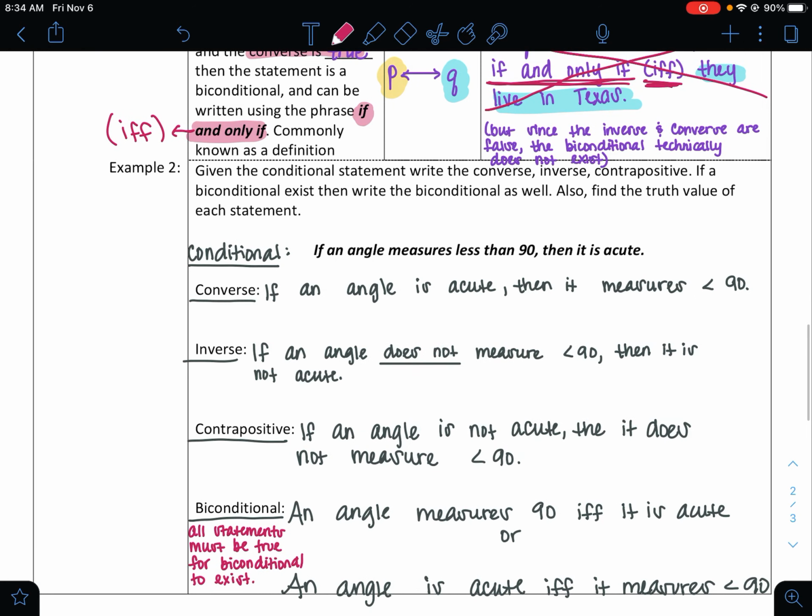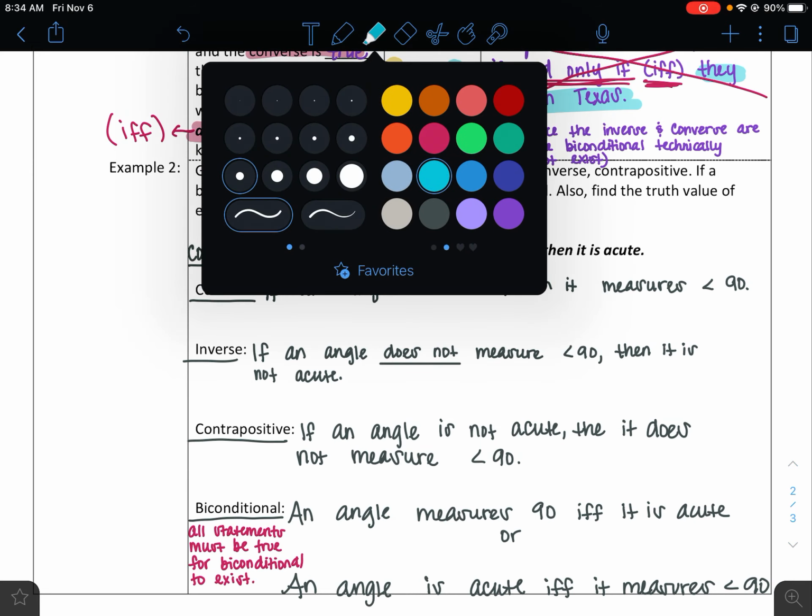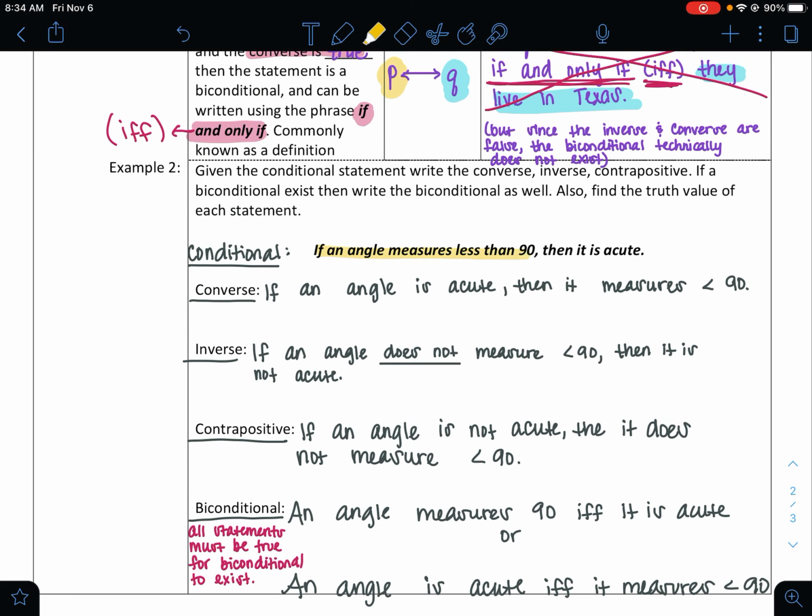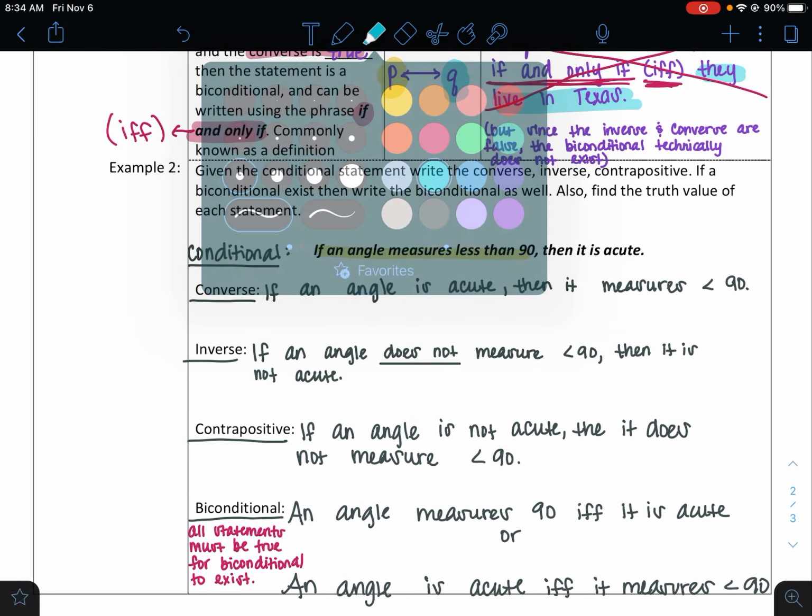All right, example 2. Our conditional statement is: if an angle measures less than 90, then it is acute.